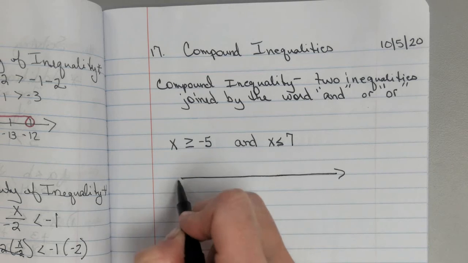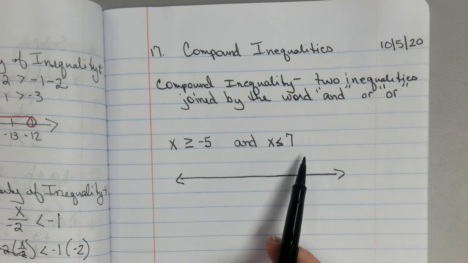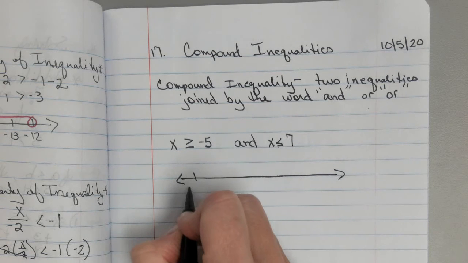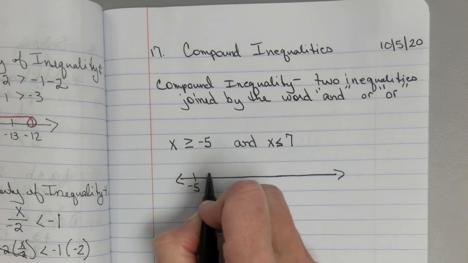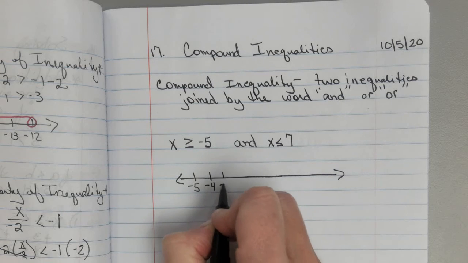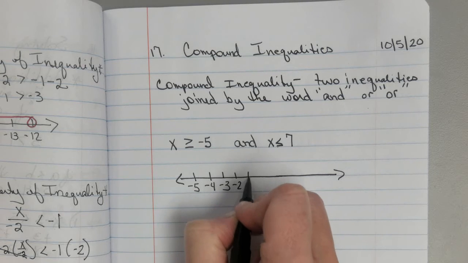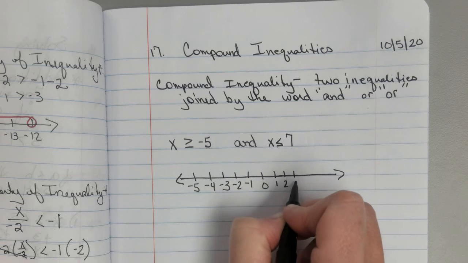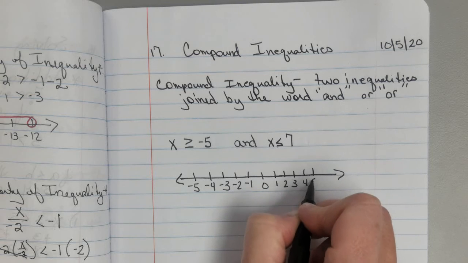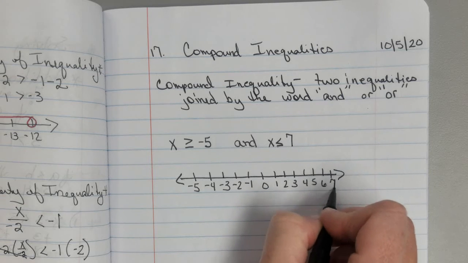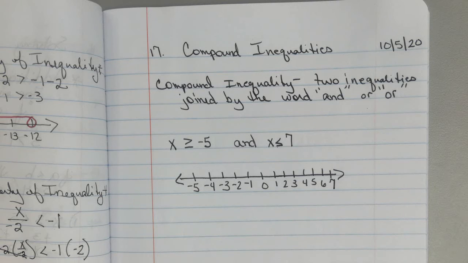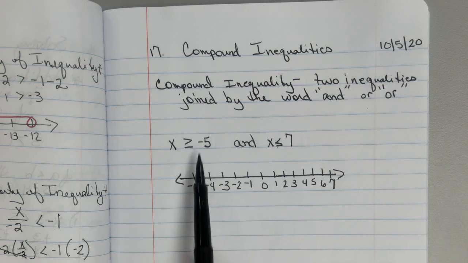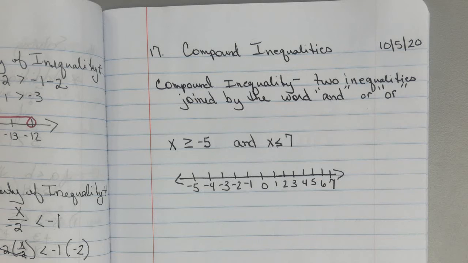So when we would graph this, I'll make this a little bigger. Think about what's your smallest number, what's your biggest number. So I'm really just looking from -5 all the way up to 7. Probably didn't make my number line big enough, but squeeze it in. Okay. So I'm looking from -5 to 7. And if x is greater than or equal to -5, what kind of dot's going to be on the -5?